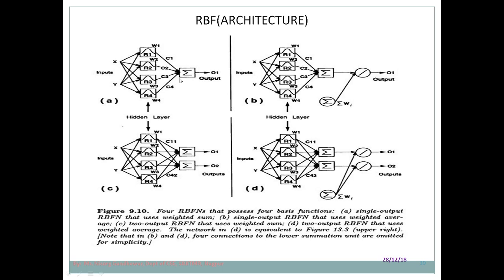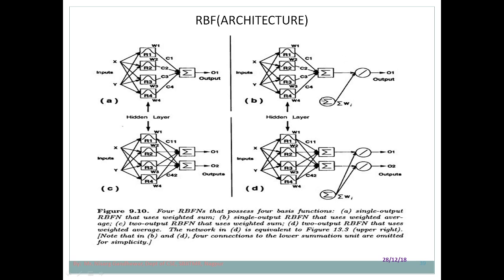So this single output RBN calculates the weighted sum, and this sign here is the weighted sum. You are providing x and y as input. There is a hidden layer where processing takes place, then a weighted sum of its output is taken, which is considered your final output. So this is the first type of RBN.